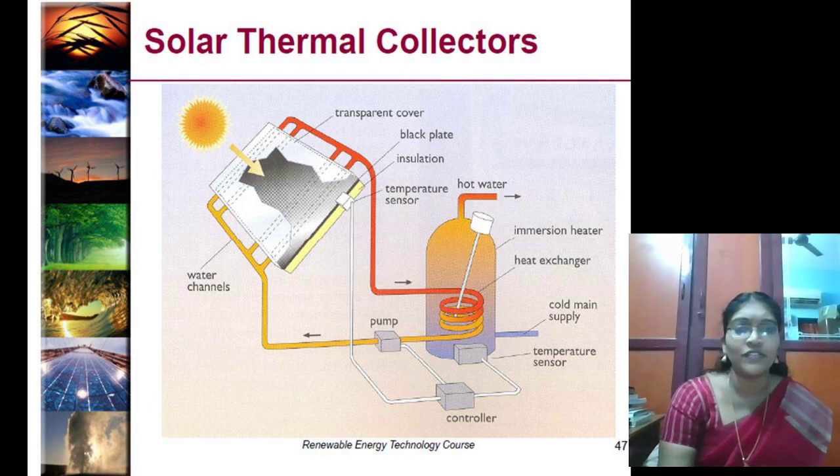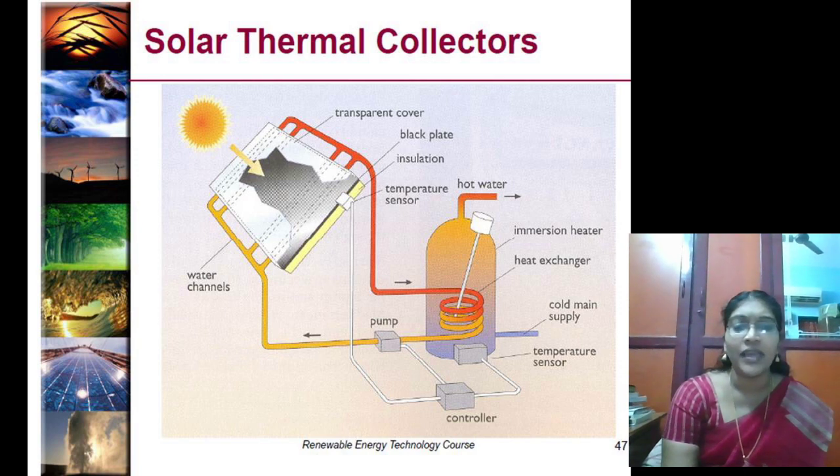See, this is the solar panel, and cold water is let into the geyser. The cool water flows through this panel and is heated up, and the hot water comes to the upper part of the geyser.